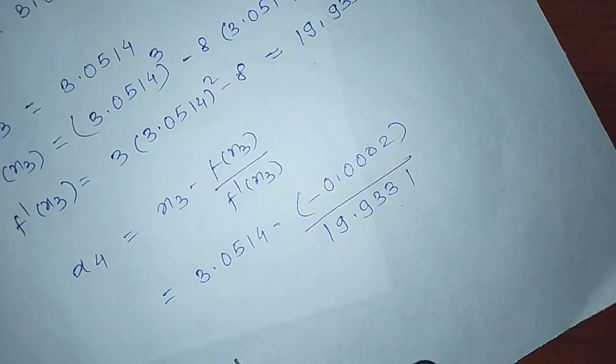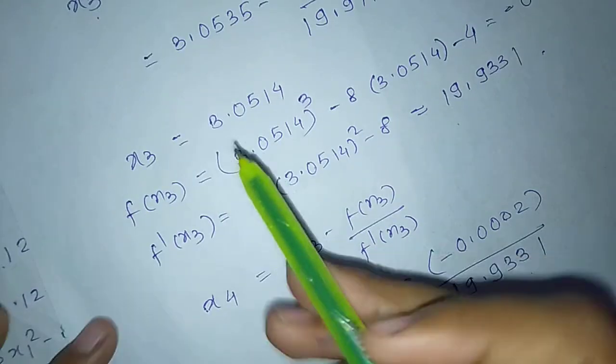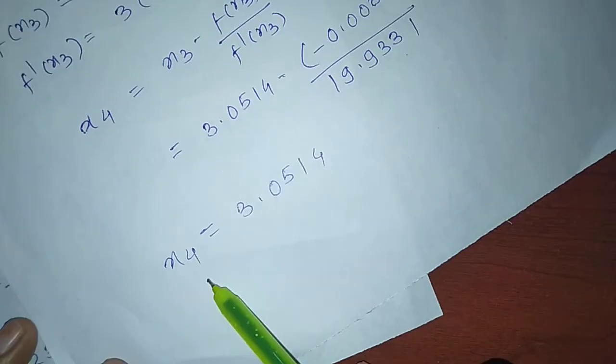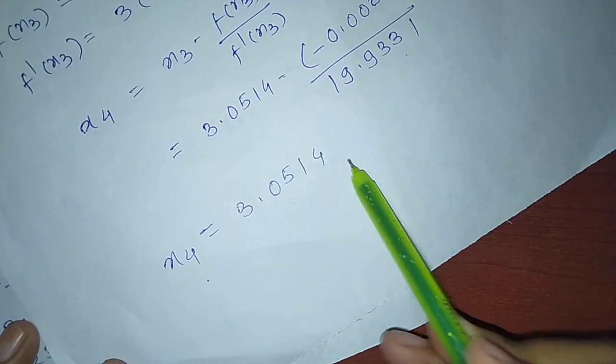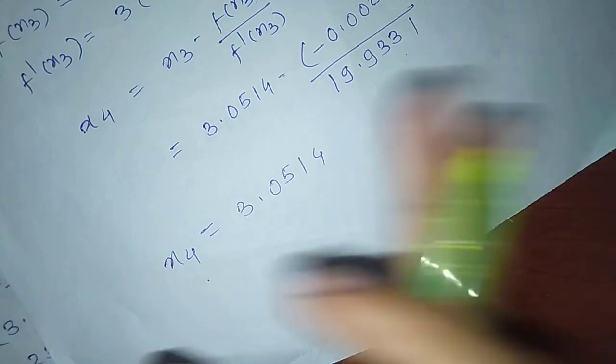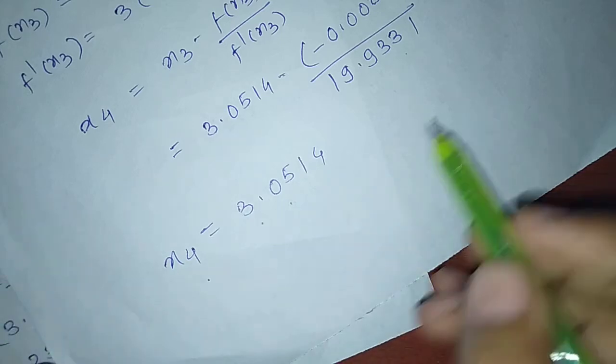We get 3.0514. Here we can observe that x3 equal to 3.0514 and x4 equal to 3.0514. So we stop here and we get the root of f of x as 3.0514.